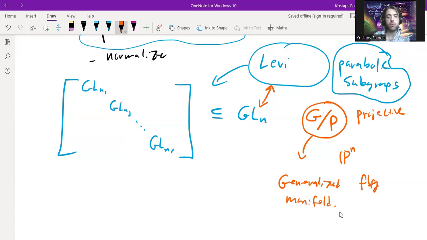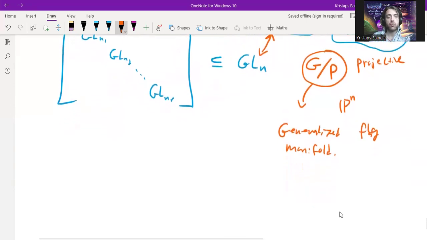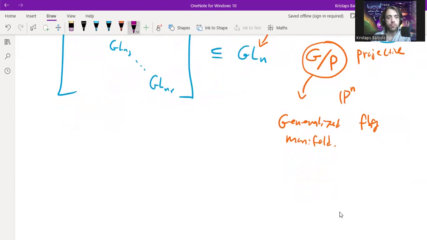But the point of this is that for GLN, we have a nice description. So there are all these fancy terms; I'm just trying to motivate why we want to switch perspectives. And it's because these parabolics have nice structures. There's other stuff we can say about root systems and whatnot.